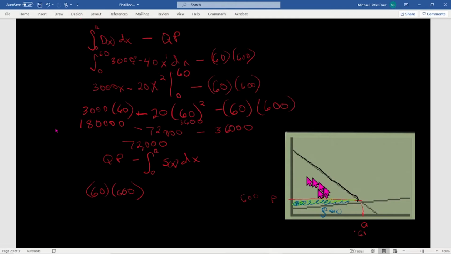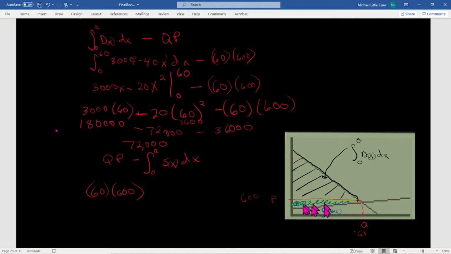And if we do this, just this part, that's our consumer surplus. Everything underneath this part here comes from the integral of D of x dx going from 0 to Q, right? So that's our limit. So it would be everything down here, but we subtract off this box.